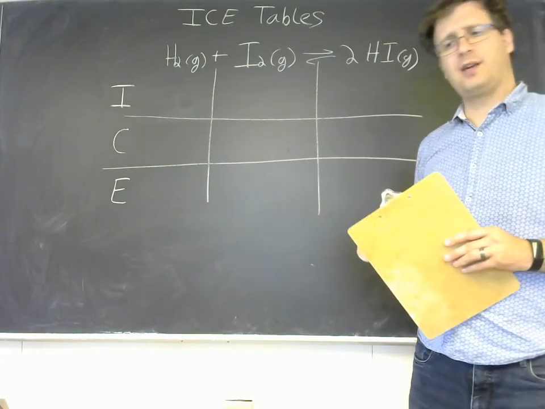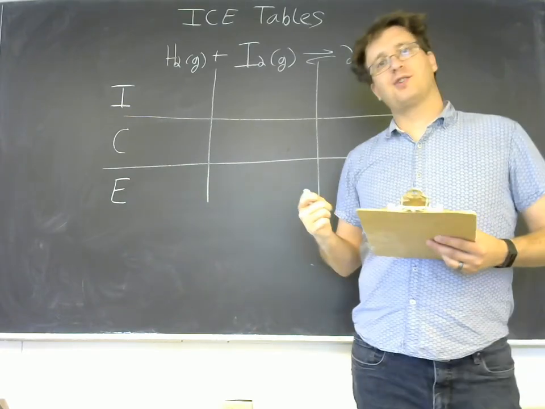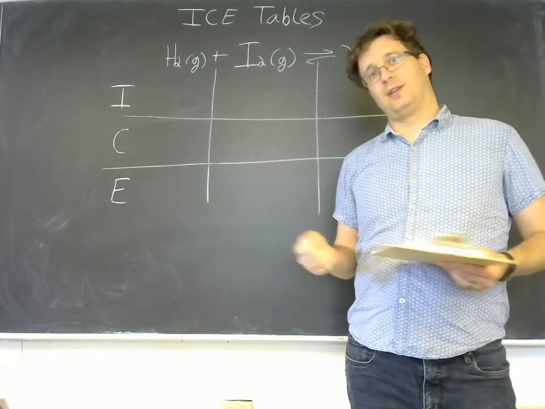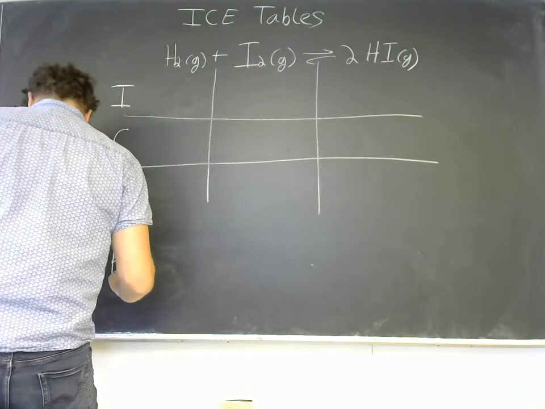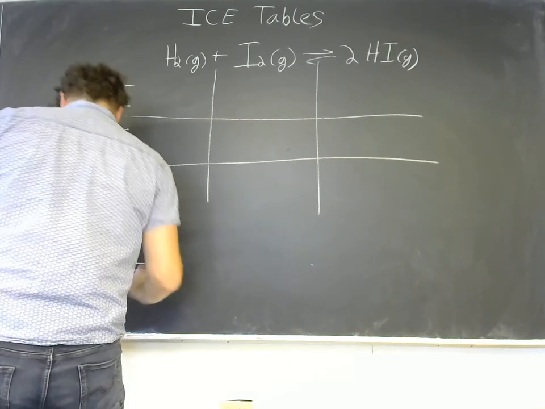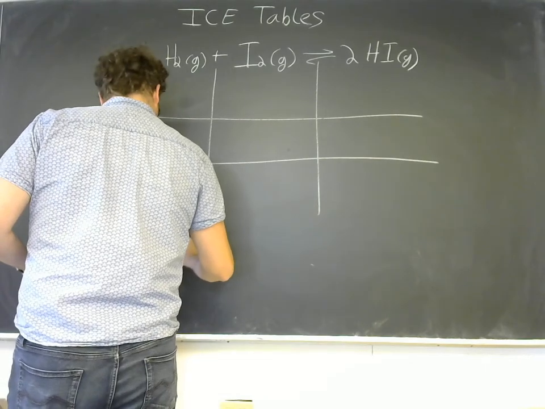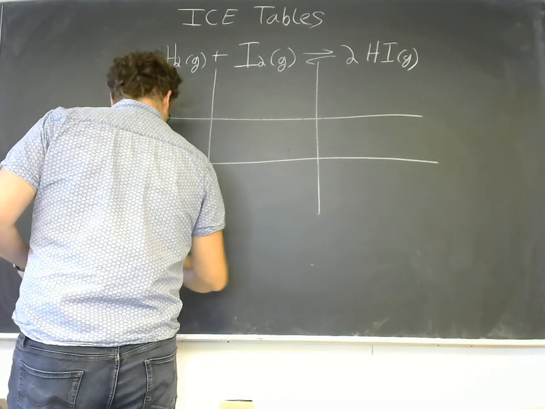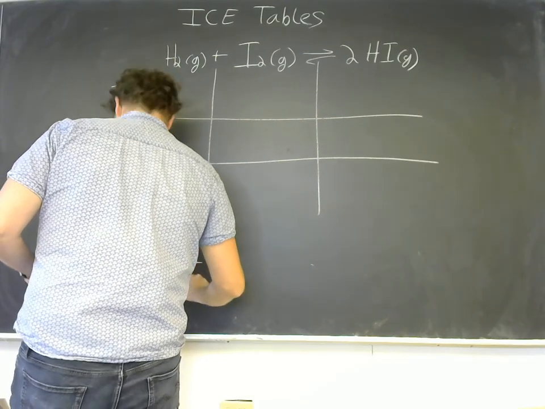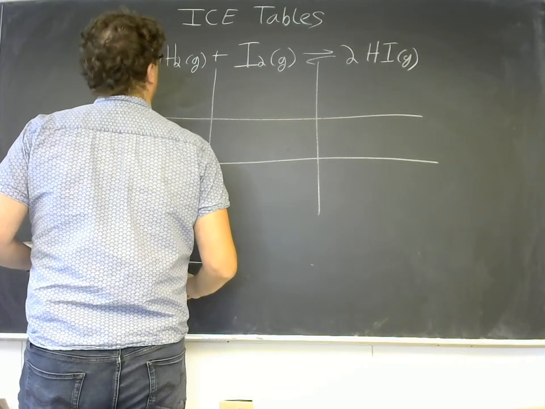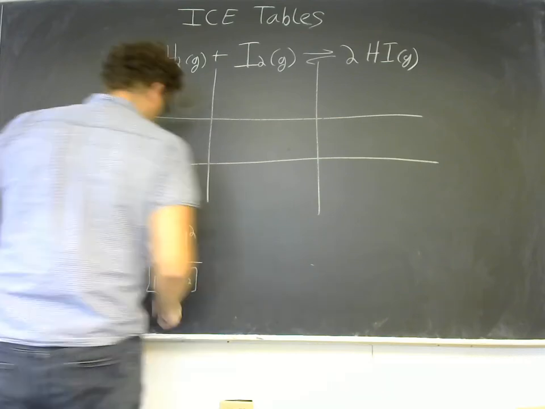One great thing about our equilibrium expressions is that they can actually be used with a variety of different units. For this, for example, we're going to have a Kc equal to the concentration of HI squared over the concentration of H2 times the concentration of I2.